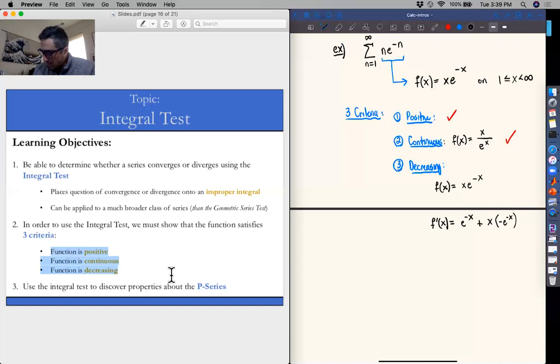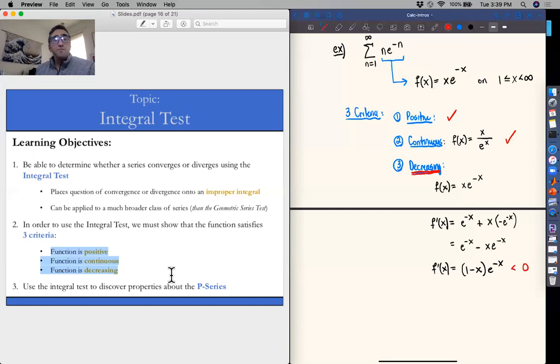So let's just rewrite this derivative. So we have e to the minus x minus x e to the minus x. Or if we use a little algebra, this is 1 minus x times e to the minus x. All right, so that is our first derivative. And again, in order for this to be decreasing, we need this to be less than 0.